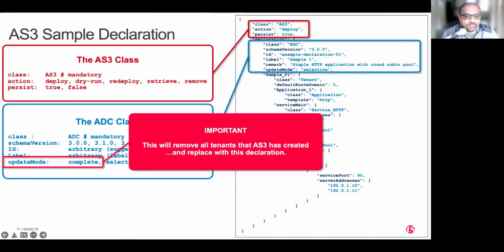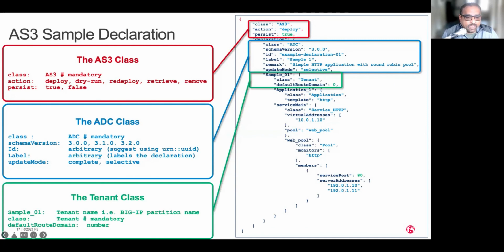And if you do selective, then it will basically add to that existing tenant and so on. Then you have the tenant class, which corresponds to the partition. So you will have to define the name of the tenant. You give the route domain, that kind of information you can define.